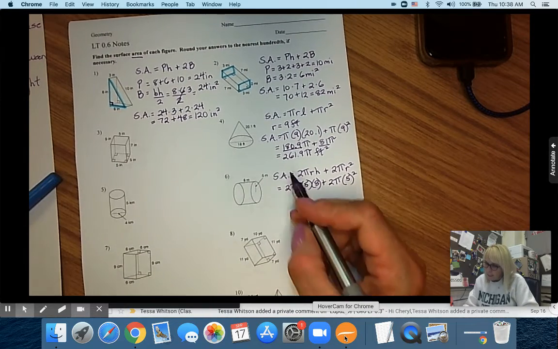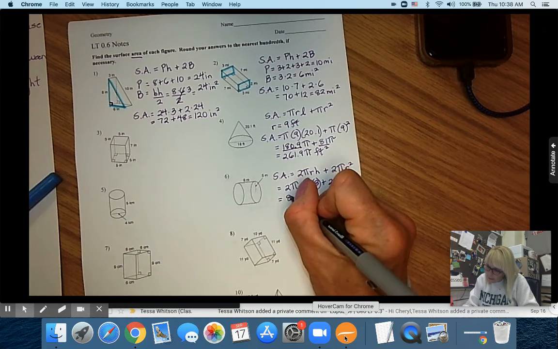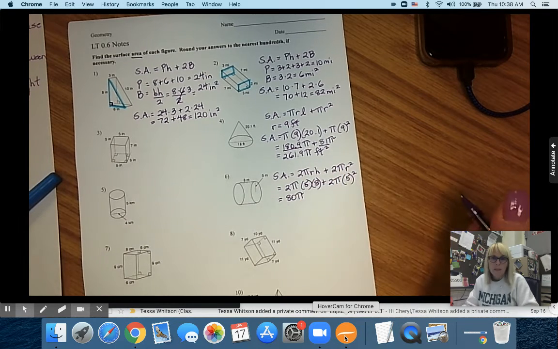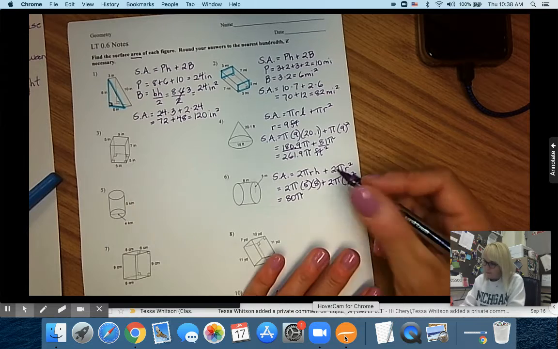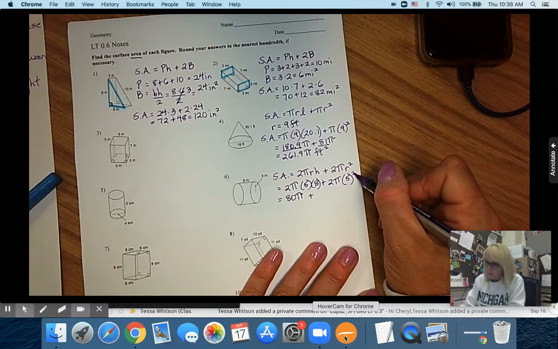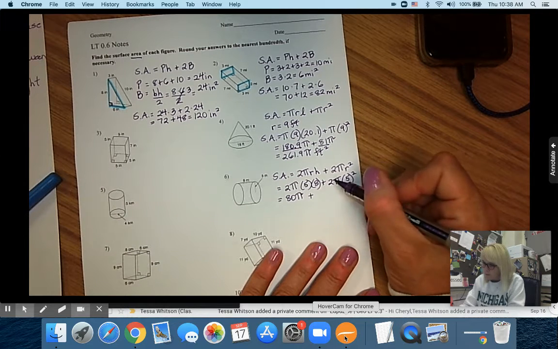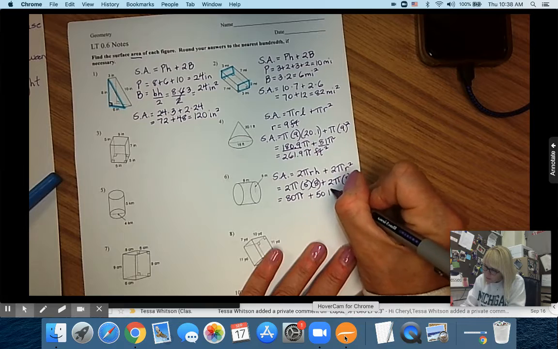So here again, ignore the pi. 2 times 5 times 8 is 80 pi. Ignore it, but don't forget about it. You have to include it. 5 squared is 25. You have to do the squared first because of order of operation. So 25 times 2 is 50 pi.